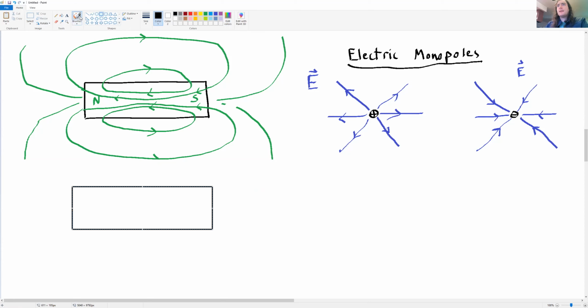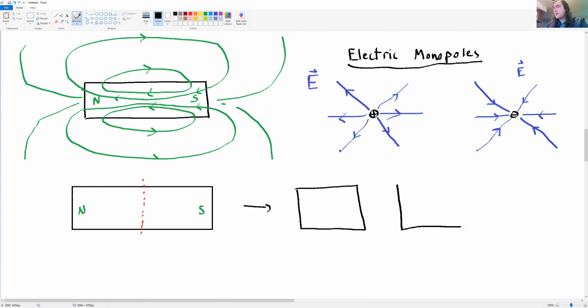If we were to take a bar magnet like so, with a north and a south pole, and chop it down the middle, let's use red here, and break it into two, trying to separate the North Pole from the South Pole, what ends up happening is you end up with two bar magnets, and each one still has a North and a South Pole.